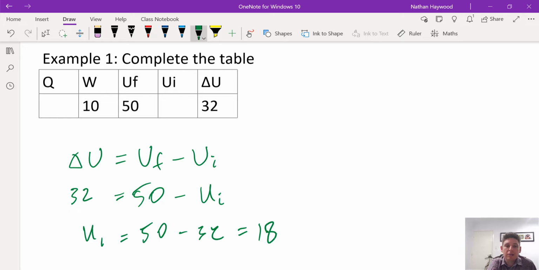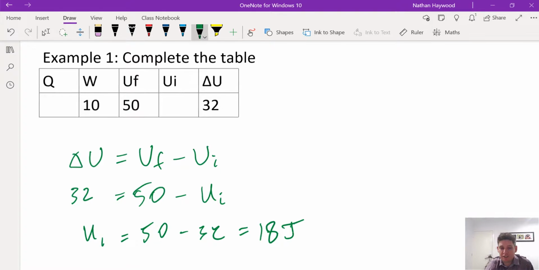Now, we need some units. It doesn't give any units in the table, but I forgot to highlight this before. Because of that scientist James Joule, work energy is in joules because of his discovery of the conversion of mechanical energy to heat energy.